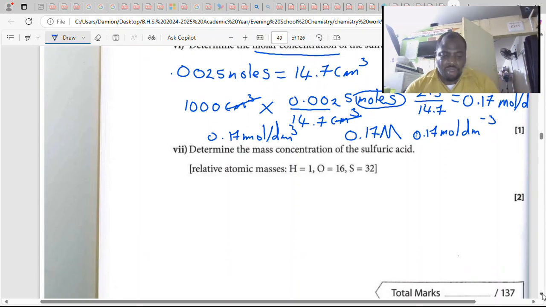Now, again, so now we know this is moles concentration, which means this is how many moles that is in 1000 centimeter cube. And they're now asking us for mass concentration. Whenever you're moving from moles to mass, you must take into consideration 3 things.